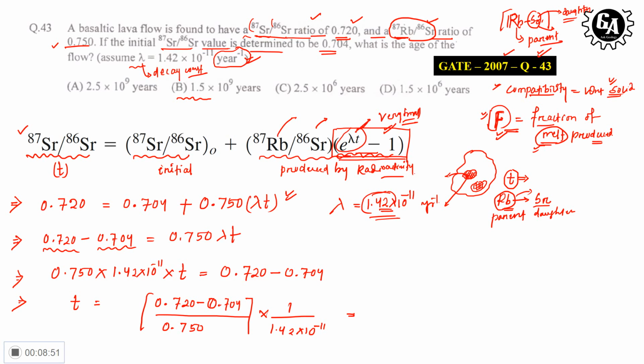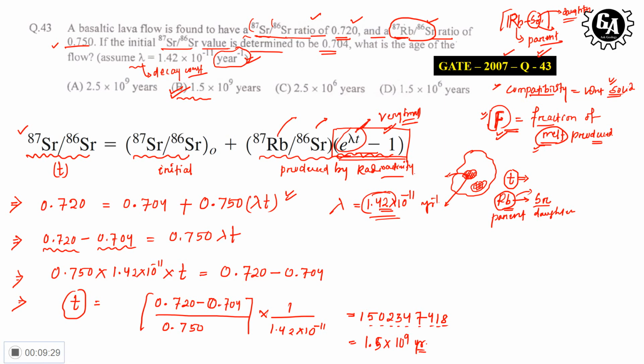Okay, so what is the answer? The answer is 1502347418. This is 1 2 3 4 5 6 7 8 9, so I can write this as 1.5 into 10 to the power 9 years. Because the time is in years, so 1.5 into 10 to the power 9 years. So this would be the answer.